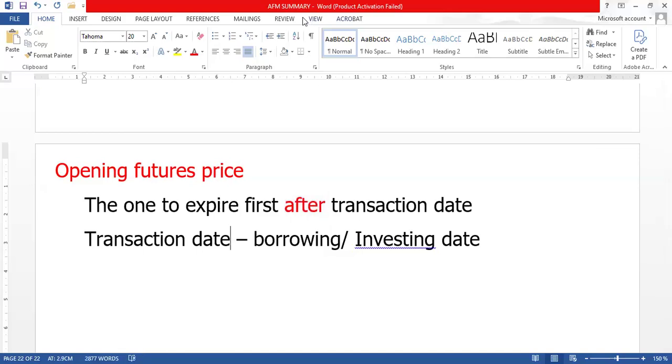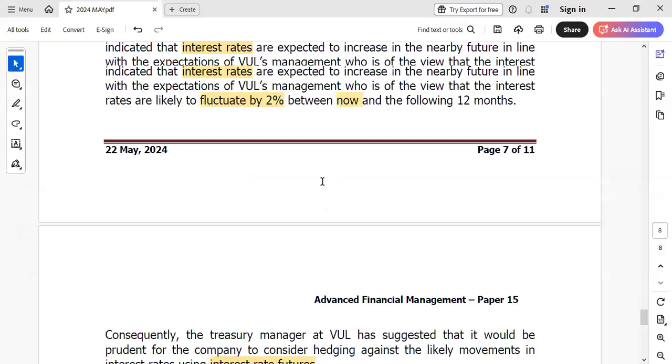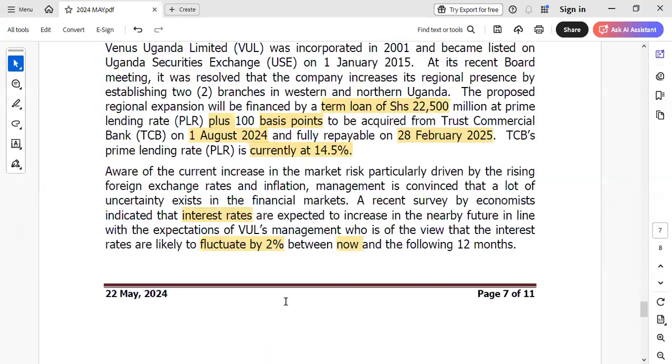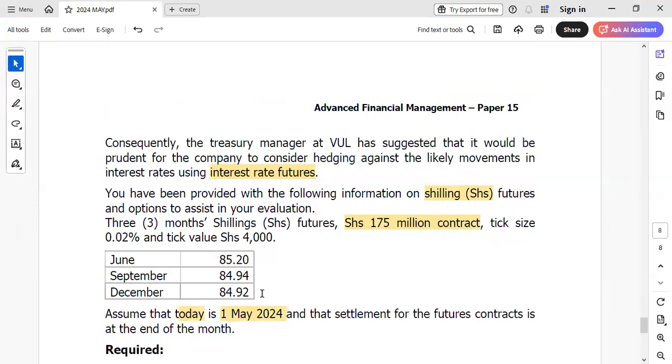In this question, when are we actually borrowing? We are borrowing on 1st of August 2024. Now, the now date is 1st May 2024. The now date is May 2024, but it doesn't mean that you're borrowing on this date.